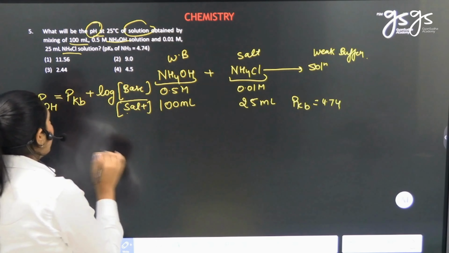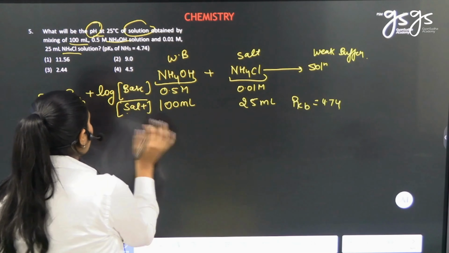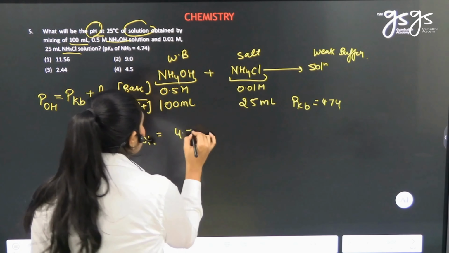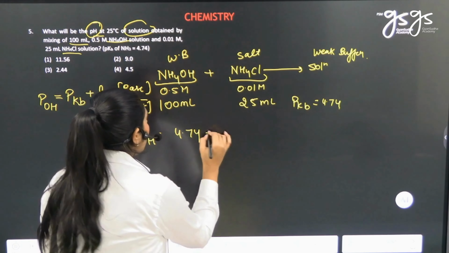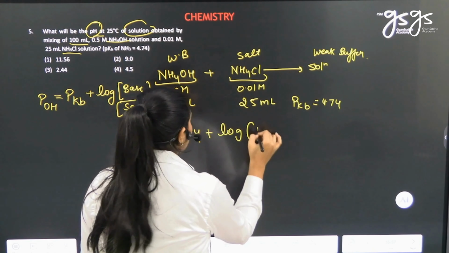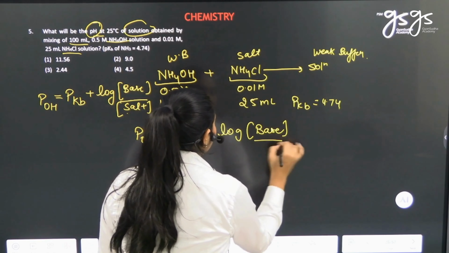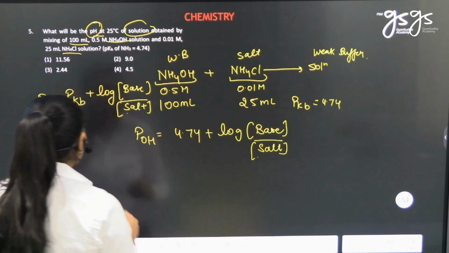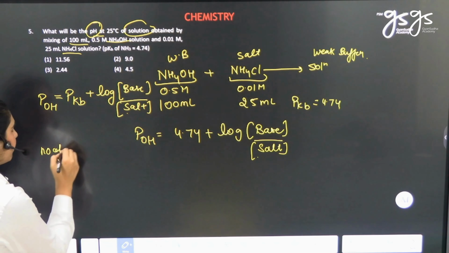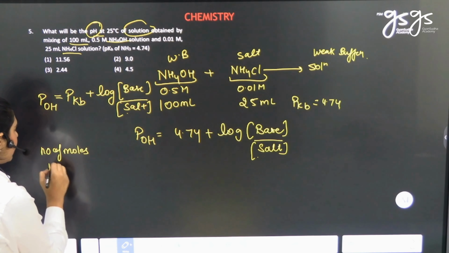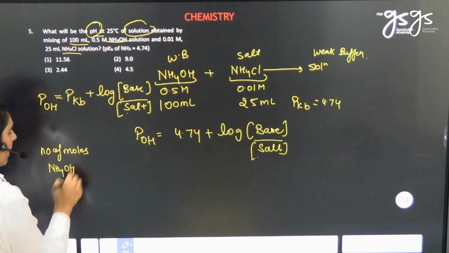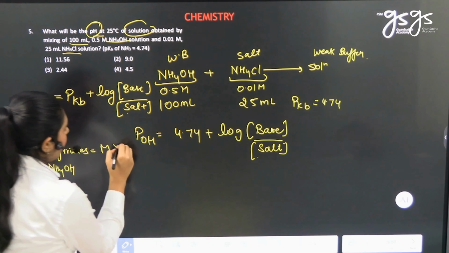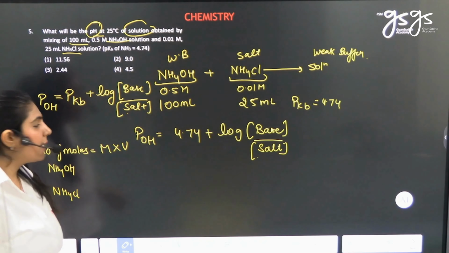I need to write it completely like this: pOH equals pKb, that is 4.74, plus log of concentration ratio. Here, I need to calculate the number of moles for each component, that is NH4OH as well as NH4Cl.